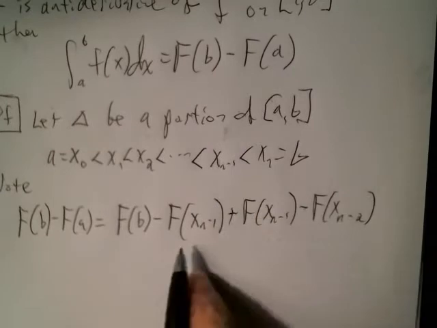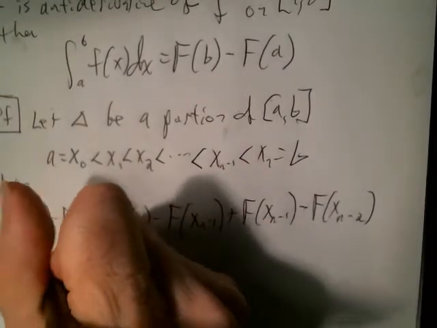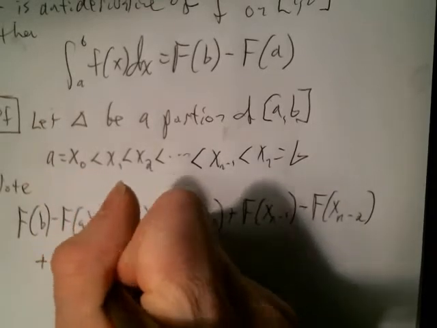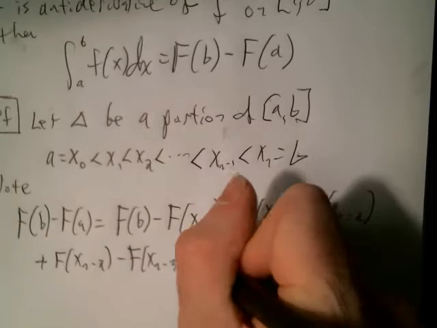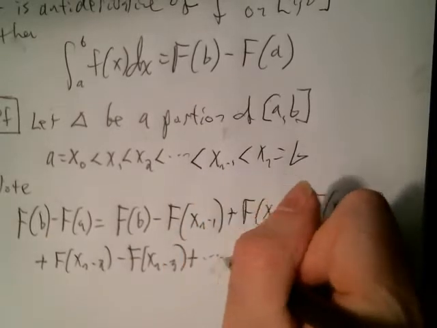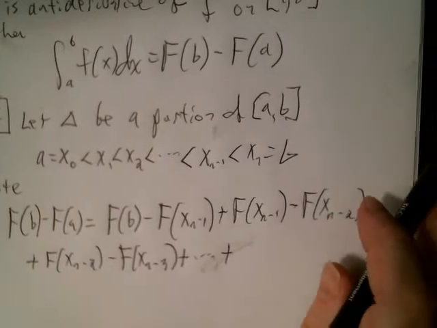And so these would cancel out, and then these next two are going to cancel out. So, plus F of x sub n minus 2 minus F of x sub n minus 3. And then you keep on going, all the way to the other endpoint, F of a.